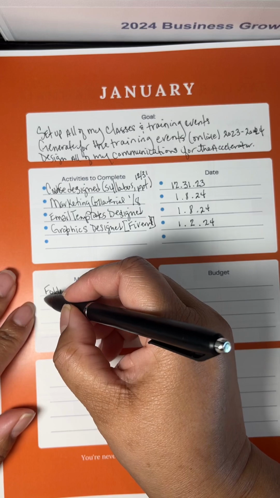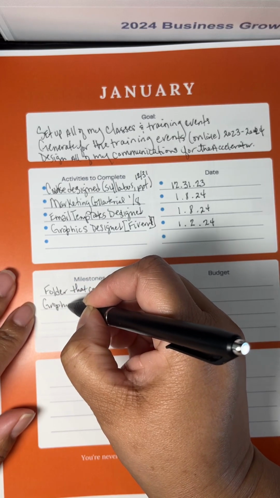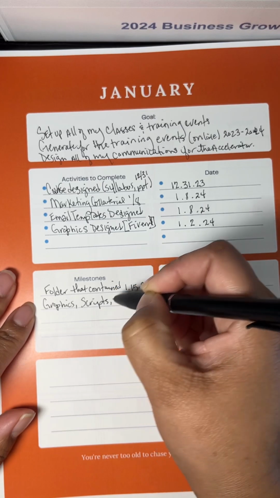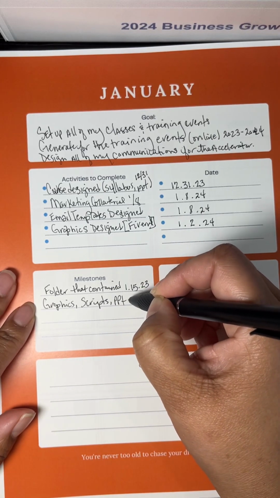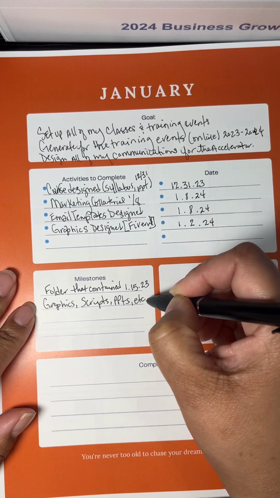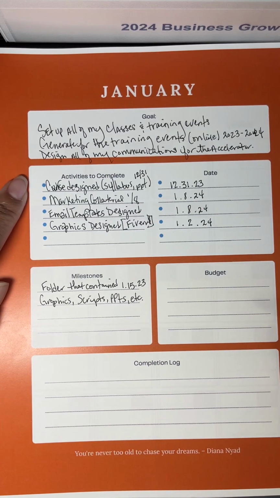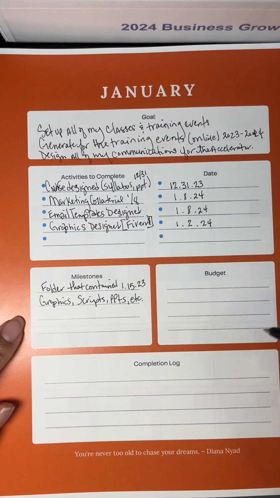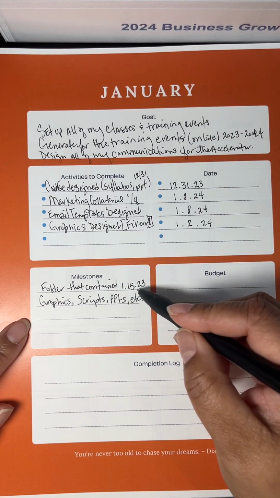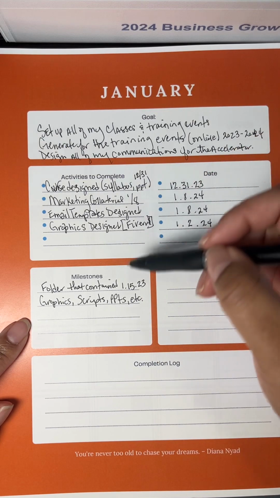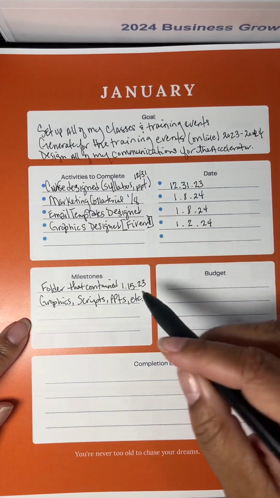So that meant all of the graphics, scripts, PowerPoints, etc., to be placed ready in a labeled folder that I can go to easily when I'm building it out on my platform. So that was a milestone for me to look and ensure that all of these things had been created and were ready, kept me on time so I can continue.